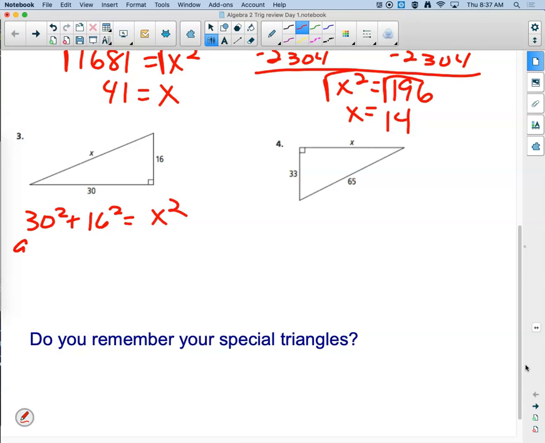30 squared, 900. 16 squared, I know when I asked you earlier this year, some of you had that one memorized, but some didn't, so 256. And then we need 900 added to that.